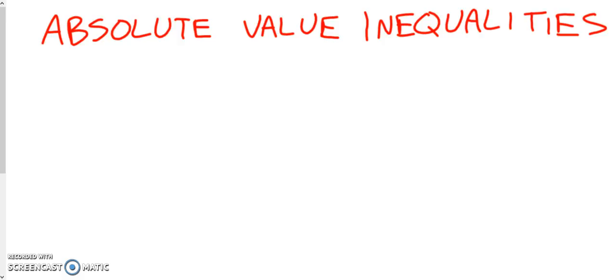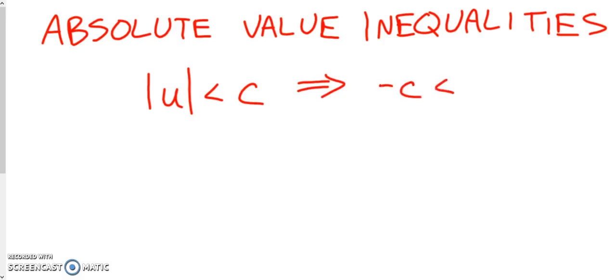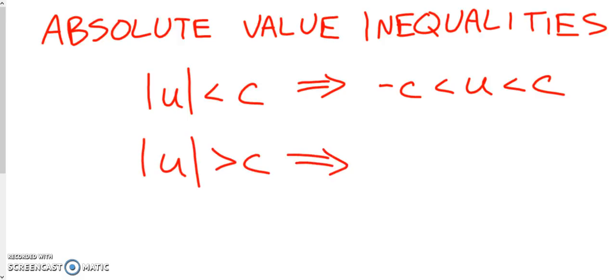So, if you recall from last semester, if the absolute value of u is less than c, that means that u is between negative c and c. If the absolute value of u is greater than c, that means that either u is greater than c or u is less than negative c.